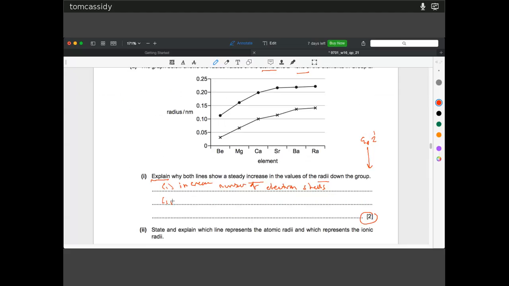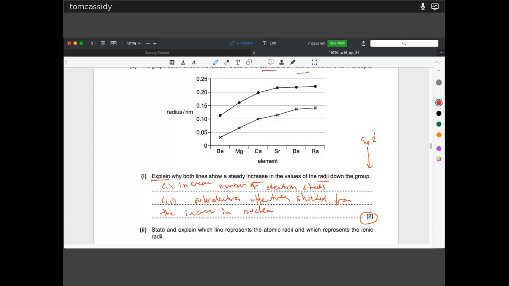And the second point is that as you go down the group, you're increasing these electron shells, but at the same time, you're increasing the nuclear charge. But because you have more and more of these electron shells, the outer electrons are more effectively shielded from the increase in nuclear charge.